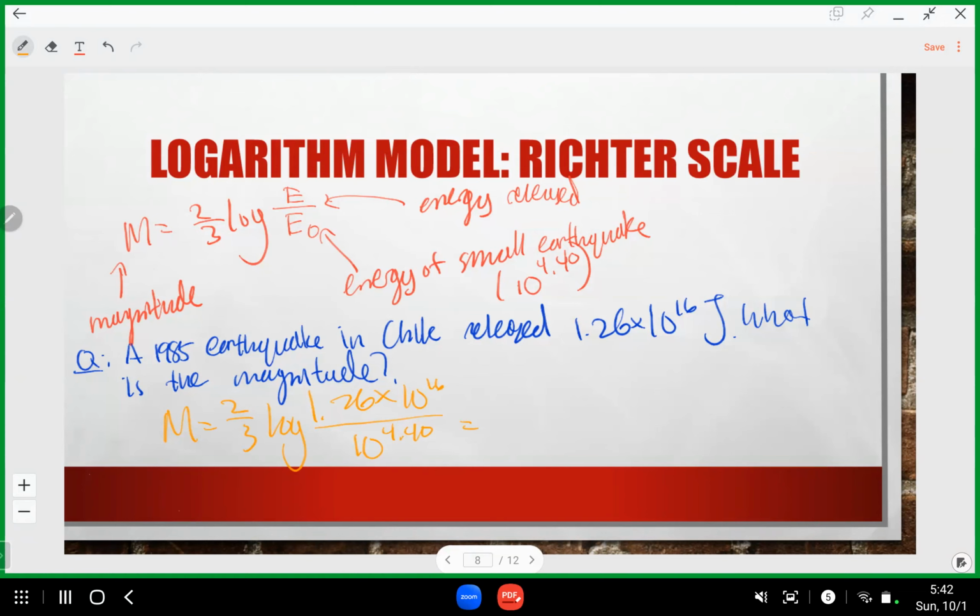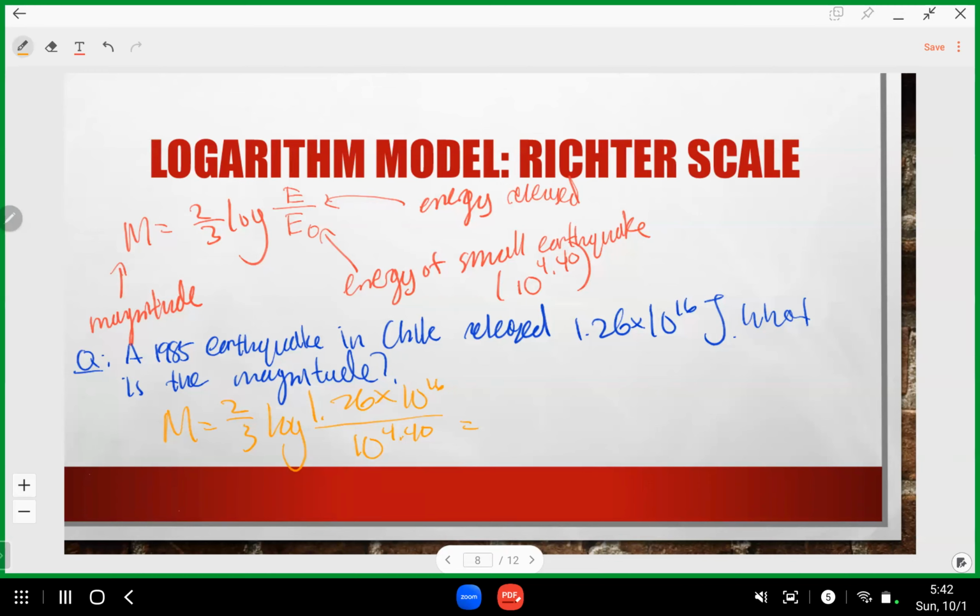Let's see here. So pull out your calculator. This is actually pretty good calculator practice. Make sure you know how to type it out in the calculator, right? Okay, so let's see. 2/3 log of 1.26 times 10 to the 16, right?